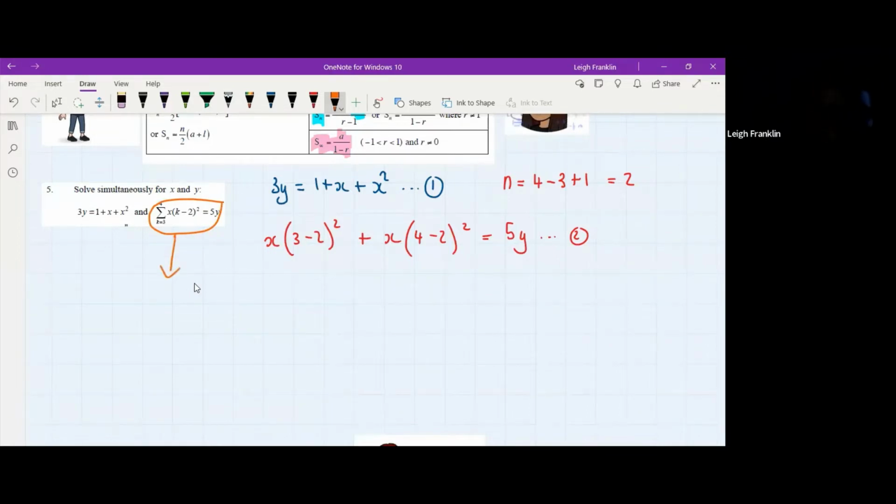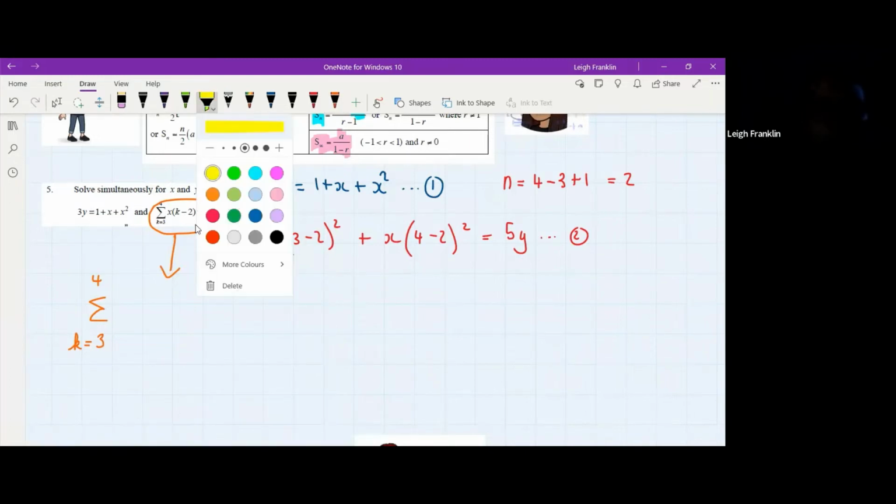So if they give us the sigma notation symbol and they tell us that there is a value at the bottom and a value at the top, the number at the bottom is where we start subbing in. The number at the top is where we finish off subbing in, right? This bit in the middle is our rule.